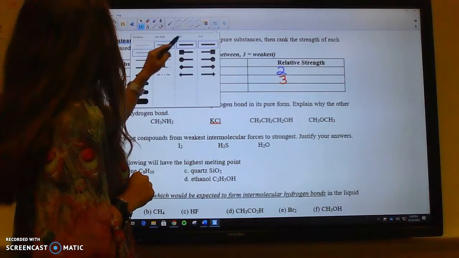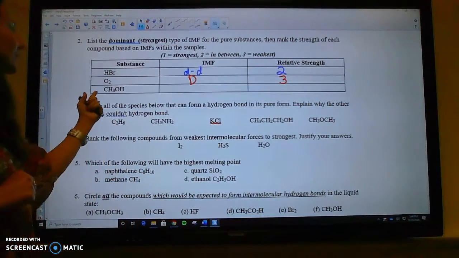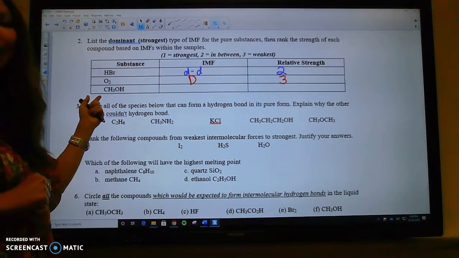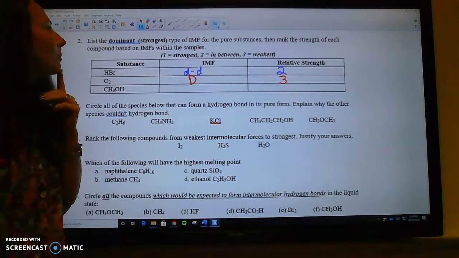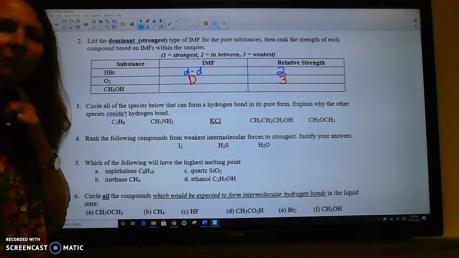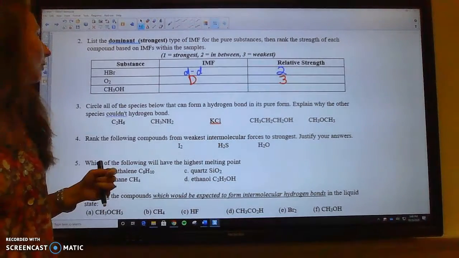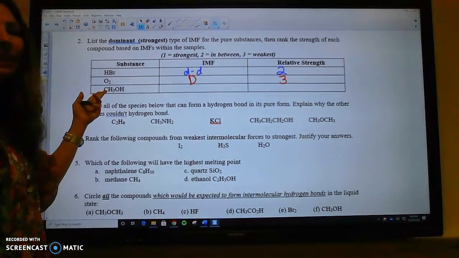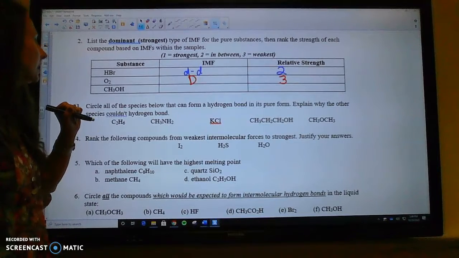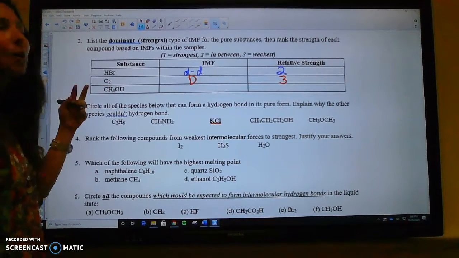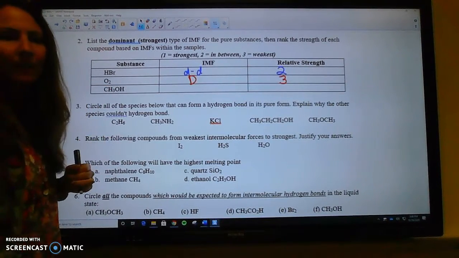Okay. Next, we have CH3OH. This is actually methanol. So we know we have dispersion. Do we have dipole? Well, we have C and H. That's not a dipole. But the O and the H is, okay, because that's O, not bound to itself.